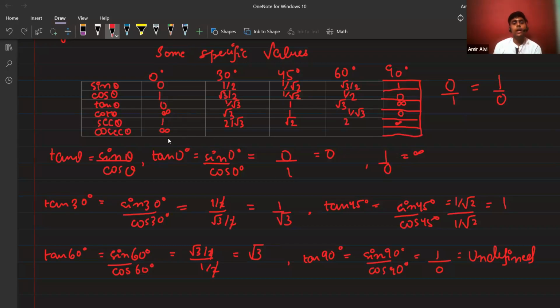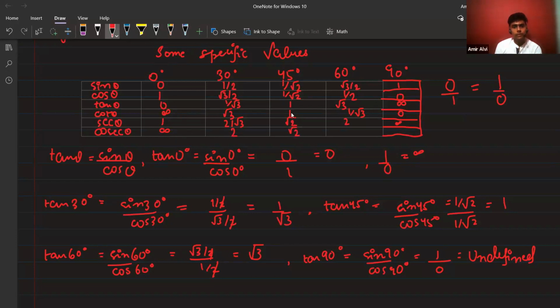You can use the infinity sign, but I would like you to use undefined whenever there is an infinity term. Okay. What is the value of sine 45? It is 1 by root 2, so cosec 45 would become root 2.